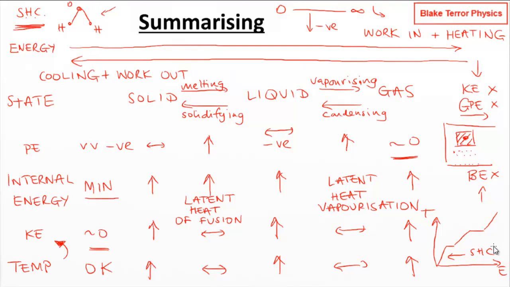And that varies. Specific heat capacity is the amount of energy you have to put into an amount of substance in order to get a certain temperature change. The specific heat capacity changes from substance to substance, and for a particular substance depending on what state it's in. So the specific heat capacity of ice is different to the specific heat capacity of liquid water.